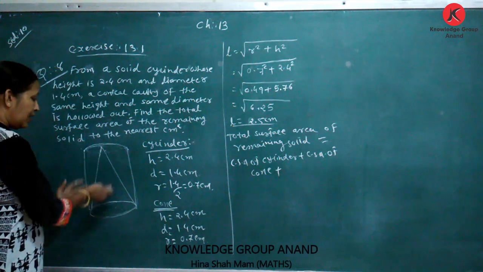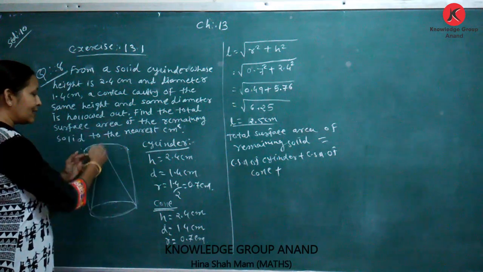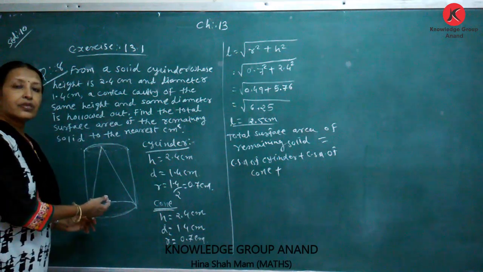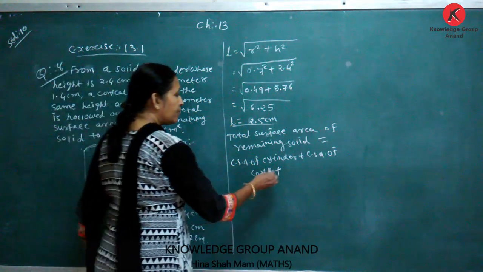Suppose cone is inverted, then it is like this. Then we write bottom of cylinder.